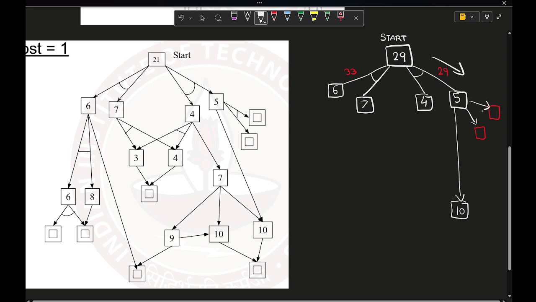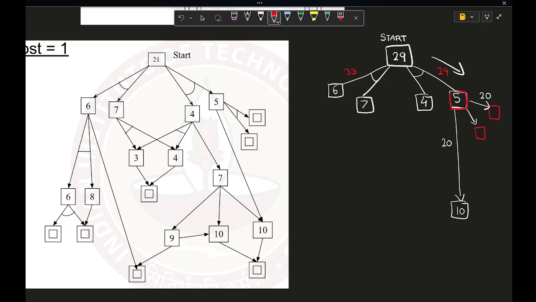Both of the costs are 20. From this side too it's getting cost 20, from this side too it is getting cost 20. So it would pick this one because it is being solved a lot quicker here and get marked as solved itself. So far this is the path.